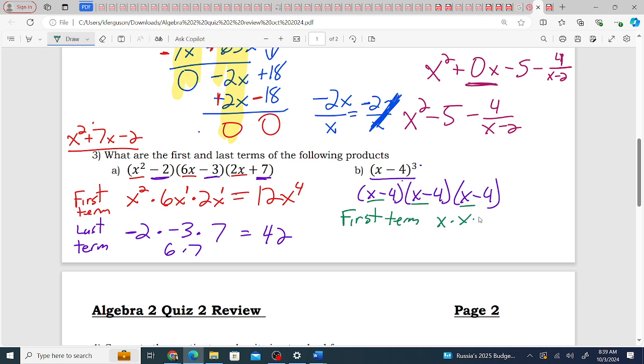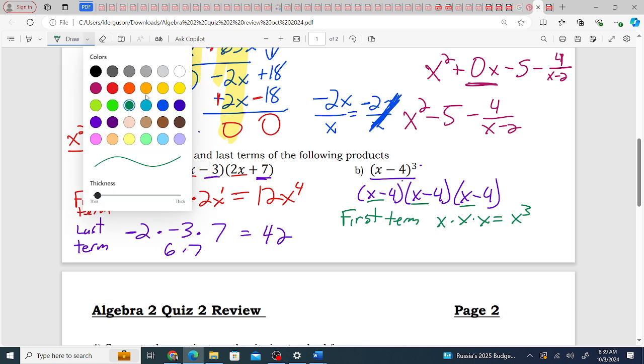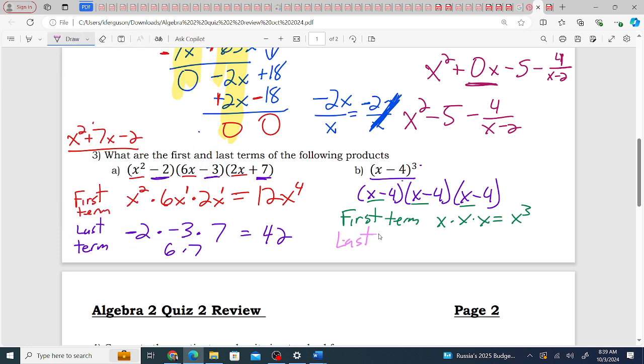X times x times x, that's what? X to the third. And then I have the last term. So I take the last terms, negative 4 times negative 4 times negative 4.